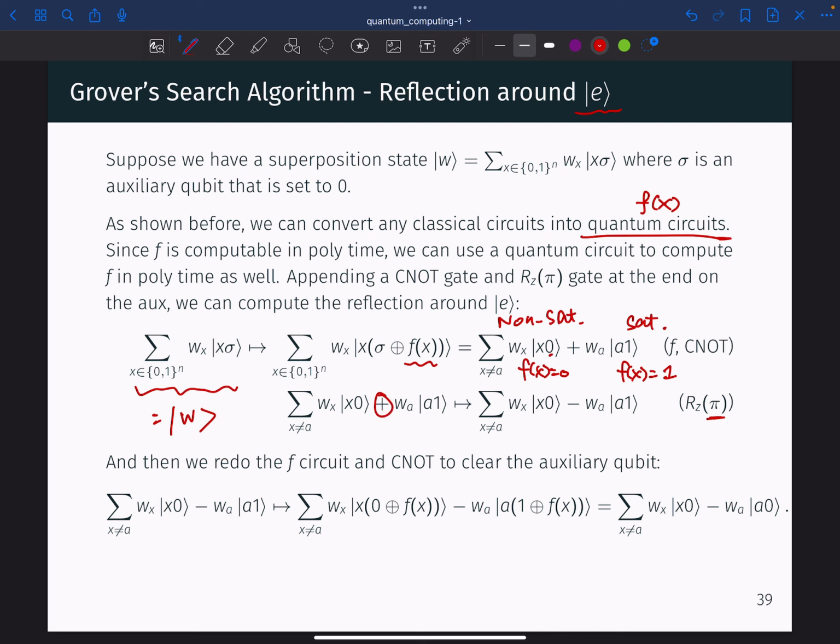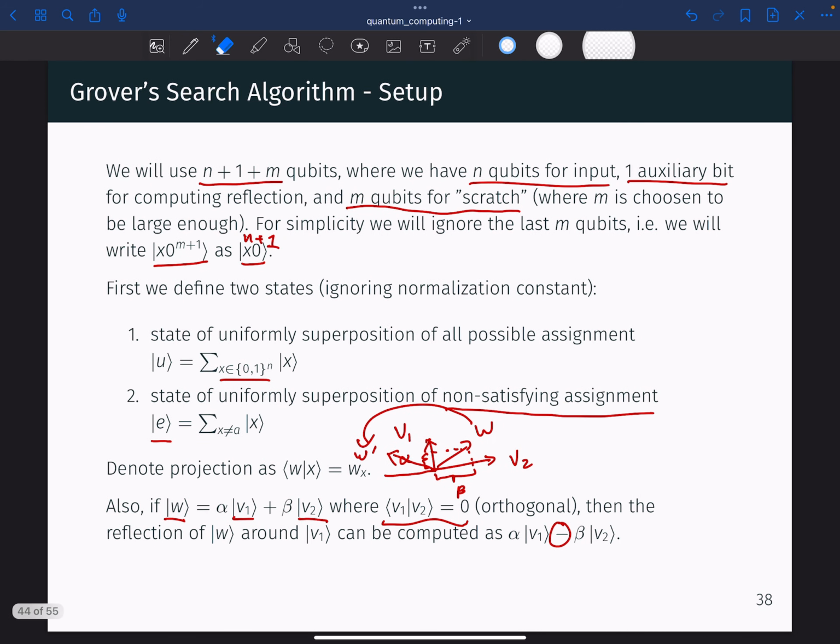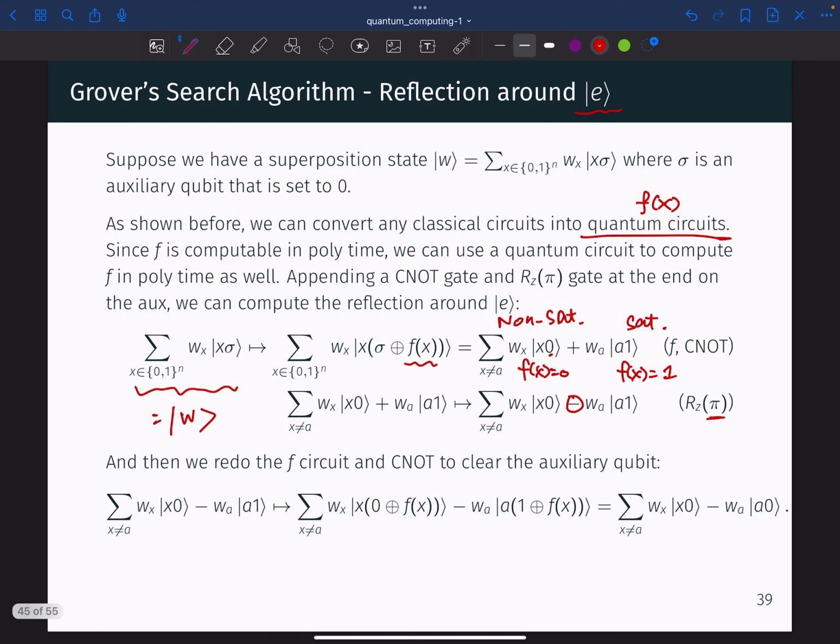So we'll be doing a phase shift on the auxiliary bit, and effectively what that does is change the sign of the second term into a minus. And as we have gone through before, this is exactly a reflection around the first vector here. Note that the first vector is effectively E, if we assume that all the W_x are an equal superposition.